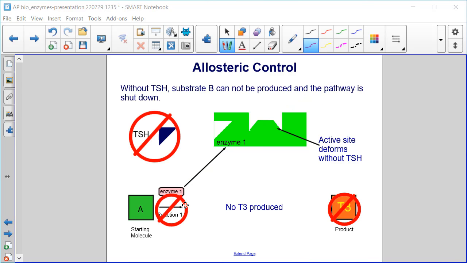Without TSH, substrate B, the next thing we produce in this process, cannot be produced and the pathway is shut down. The active site deforms without TSH and the substrate is unable to bind and no T3 is produced.